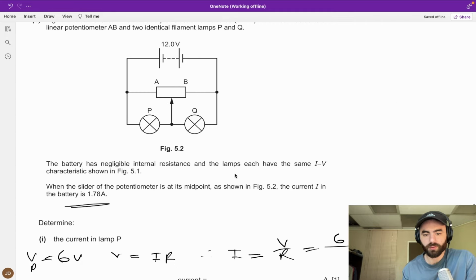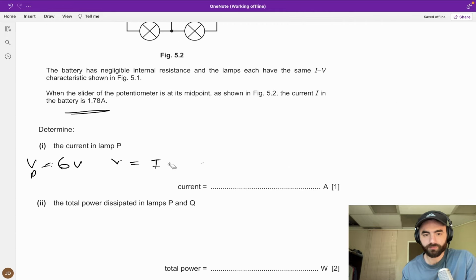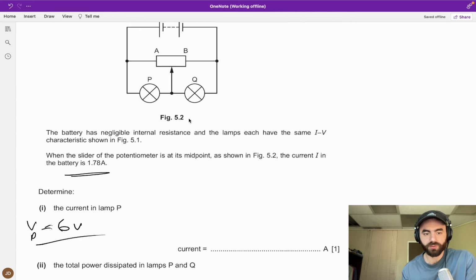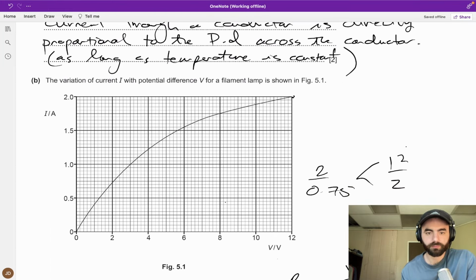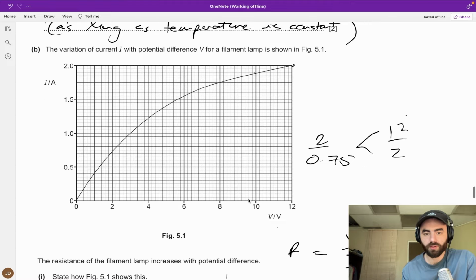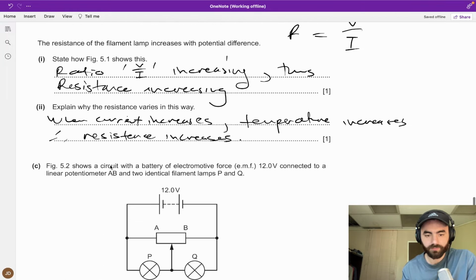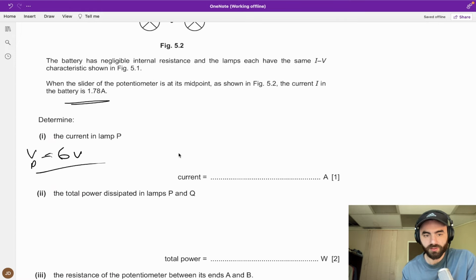We don't need to do that. We can just look at the graph. At 6 volts, what is the current in the lamp, P? This is showing the variation of the potential difference and the current in the filament lamp. So when we have 6 volts going through it, at 6 volts we have a current of 1.6 amps.